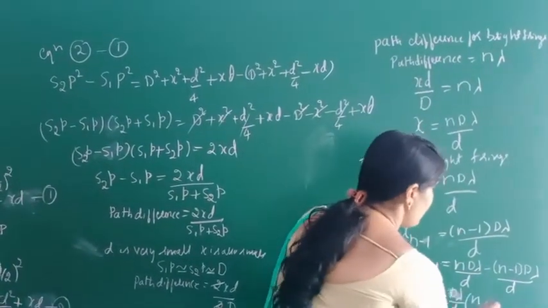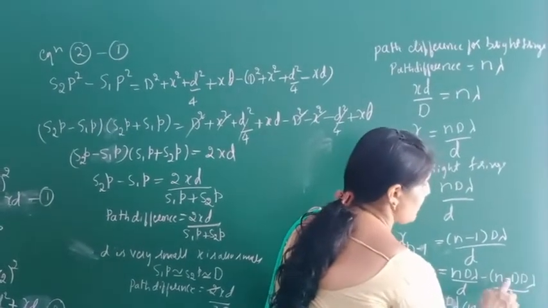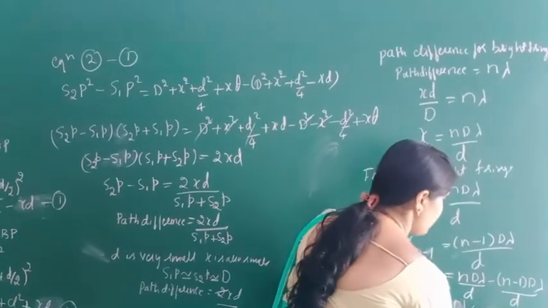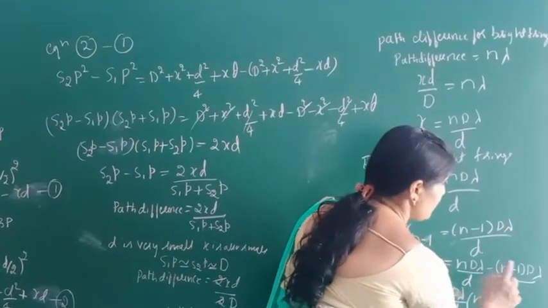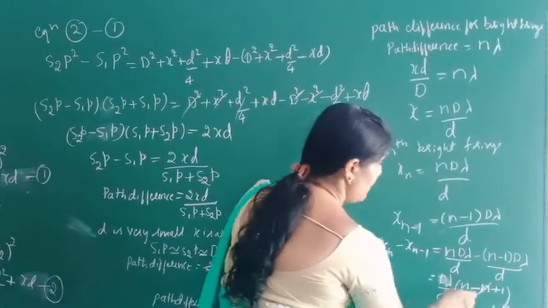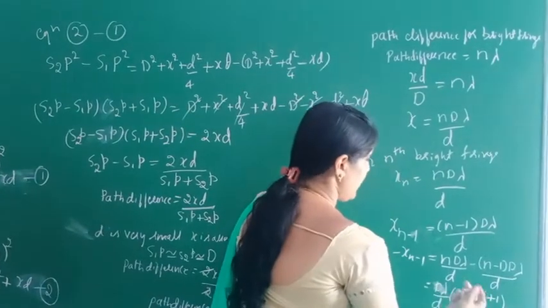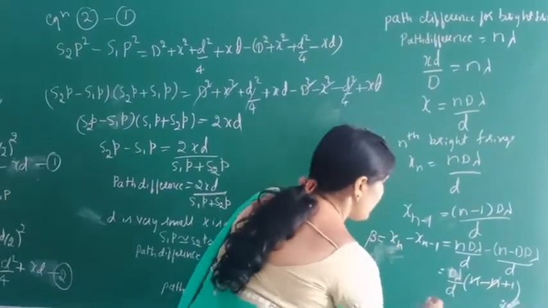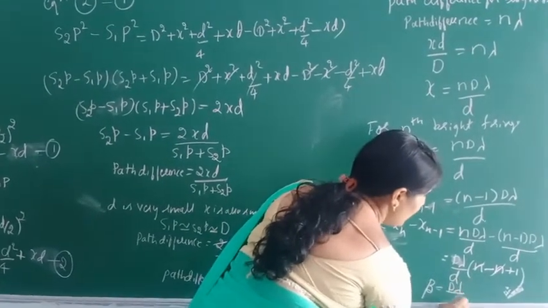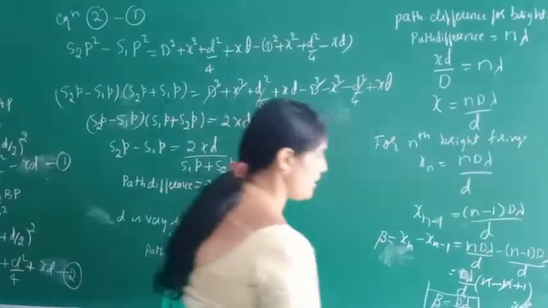Remaining is n minus n minus 1, that is, minus n plus 1. Minus n plus n cancels, remaining is 1. So fringe width beta equals D lambda by d. This is the expression for fringe width.